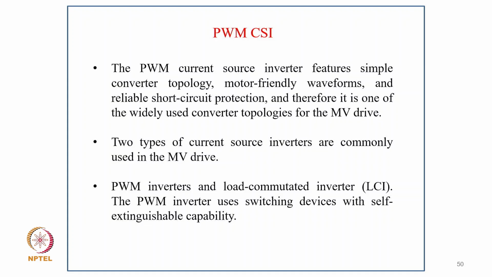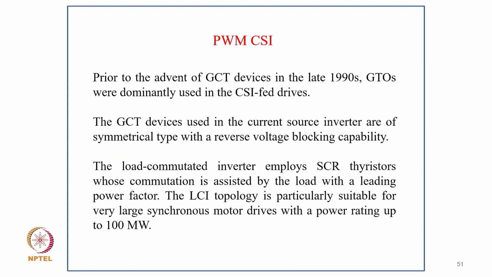Two types of current source inverter are commonly used in medium voltage drives: PWM inverters and load commutated inverters. The PWM inverter uses switching devices with self-extinguishing capability. Prior to the advent of GCT devices in the late 90s, GTOs were dominantly used in current source inverter drives, and the GCT devices used in the current source inverter are of symmetric type with reverse voltage blocking capability.